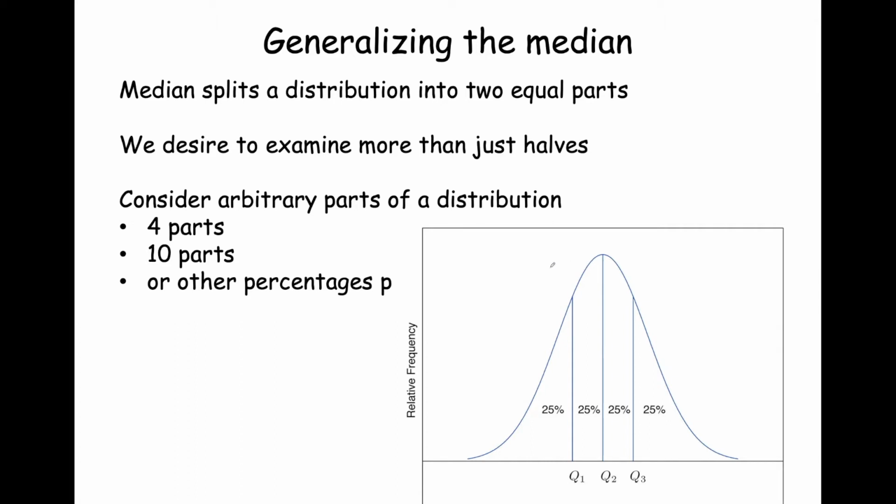So let's consider arbitrary partitions of a distribution. You can partition the distribution, for example, into 4 parts, and that's depicted in this figure. Here we have the first part by probability mass, 25%, the second part, the third part, and the fourth part. We could divide up into 10 parts, or some other arbitrary percentage, p, where p is a proportion.